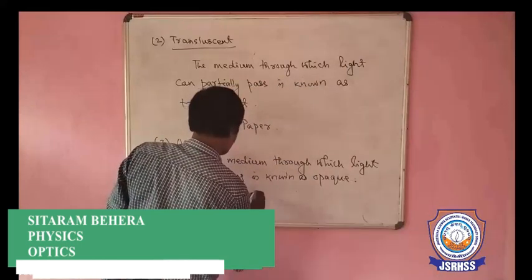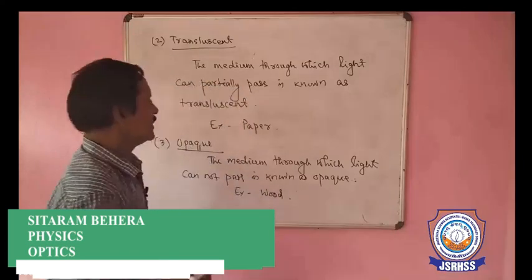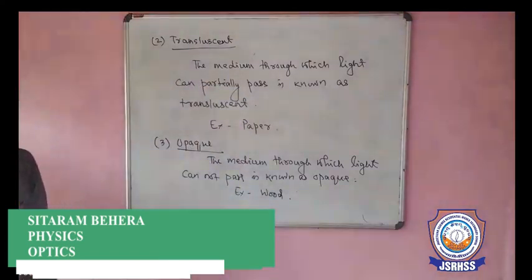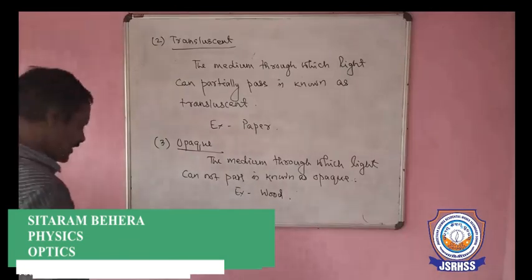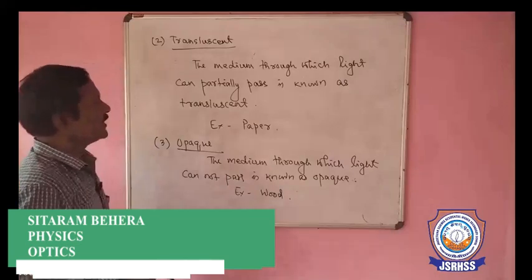Example, wood, metal, etc. So, taking light into consideration, the medium is classified into three categories: transparent, translucent, opaque.